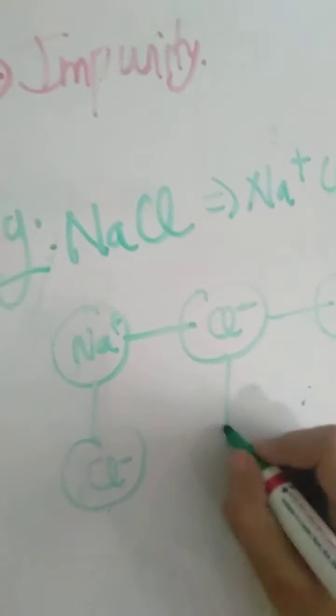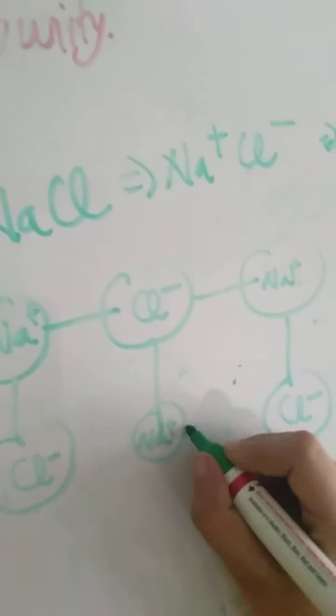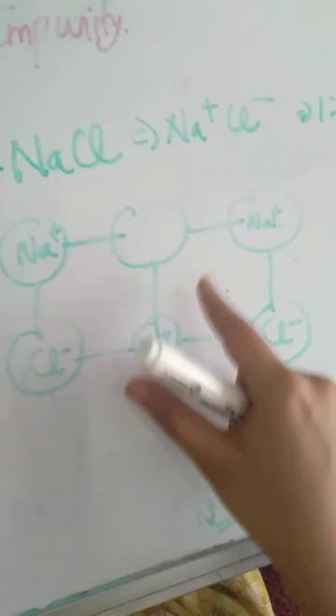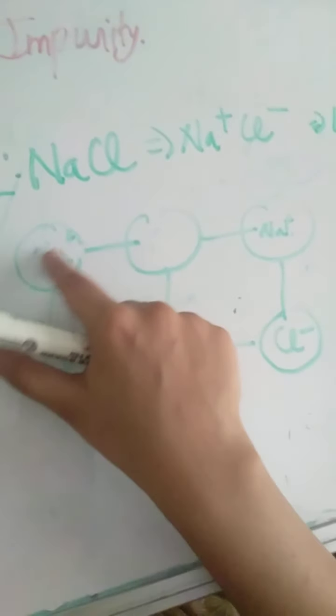So 1:1 ratio, and consider this to be the lattice. If this is the lattice, stoichiometric defect means there will be vacancies. I'll take one chlorine and one sodium anywhere. The lattice is going to be very large, so any two. So one positive ion and one negative ion I took.